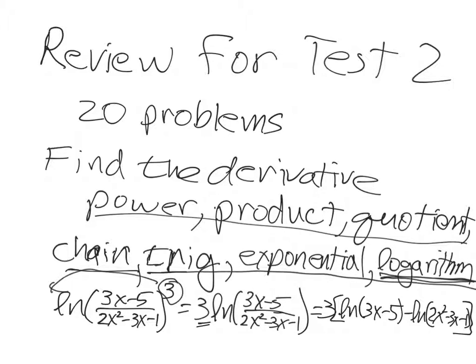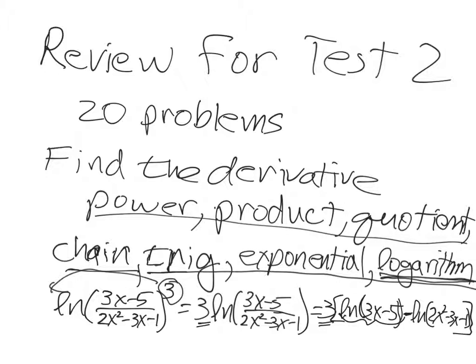And then from here, kind of ran out of room, but for the derivative, we'd have the 3 times, well, the derivative of this would be what? 1 over the 3x minus 5 times the derivative, 3.